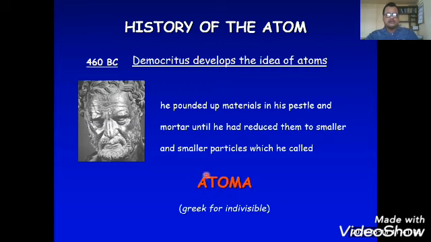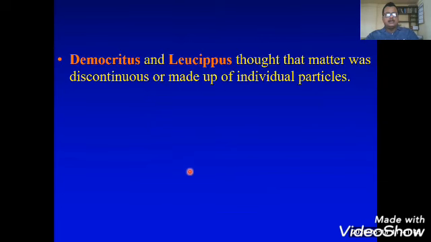The word atoma comes from a Greek word which means indivisible. Democritus and Epiphanius thought that matter was discontinuous, or made up of indivisible particles. As you can say, a brick wall is not continuous; it is made up of bricks.